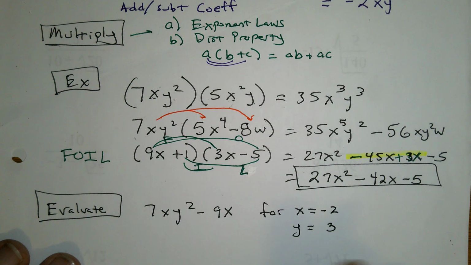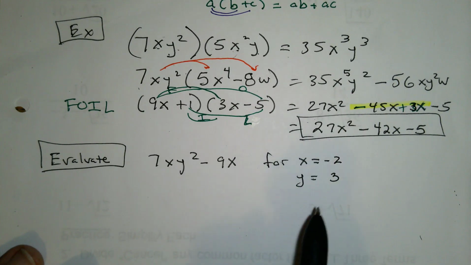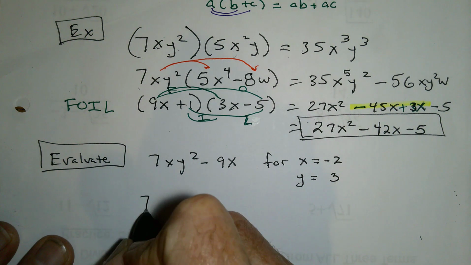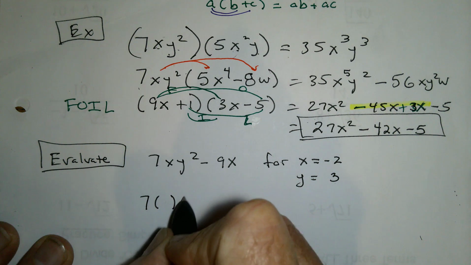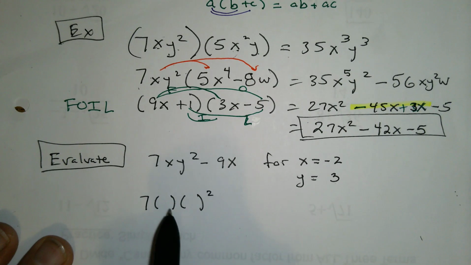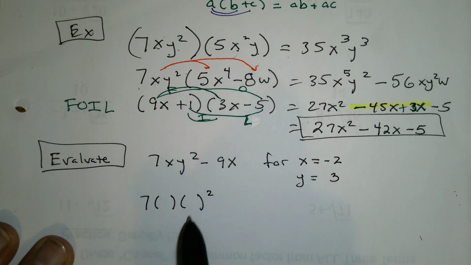Okay, so I hope that's kind of obvious to you, but evaluating a polynomial is as simple as plugging in. So I'm going to do the 7. Notice how I took the x out and gave myself a parentheses to hold the place for whatever the number is. I took the y out and gave myself parentheses for whatever the y is.